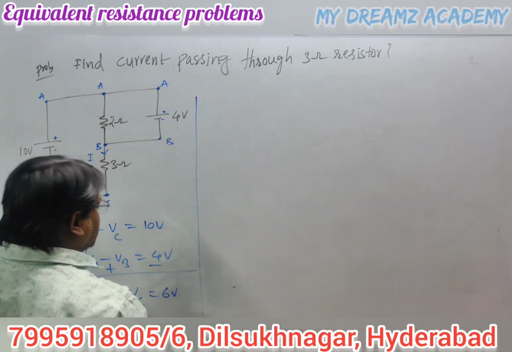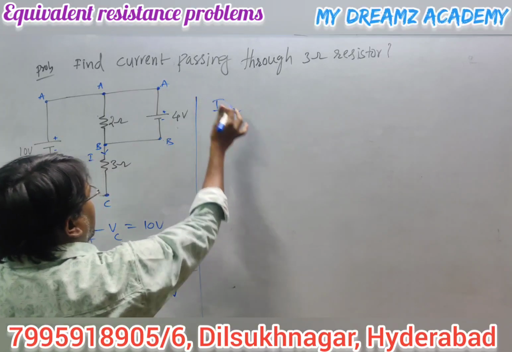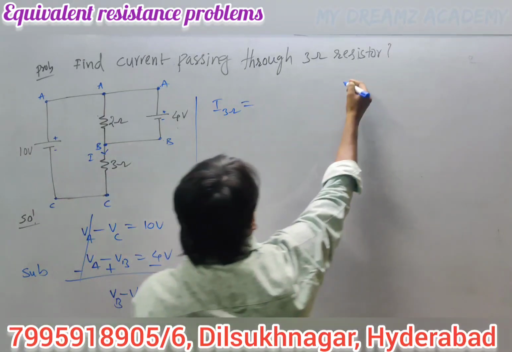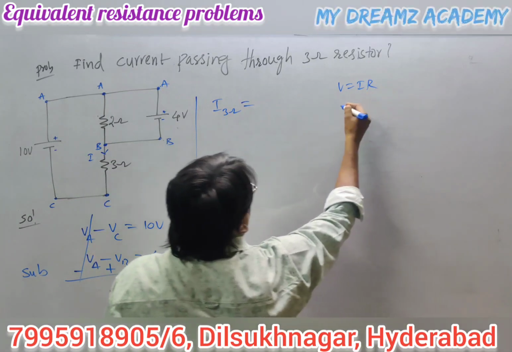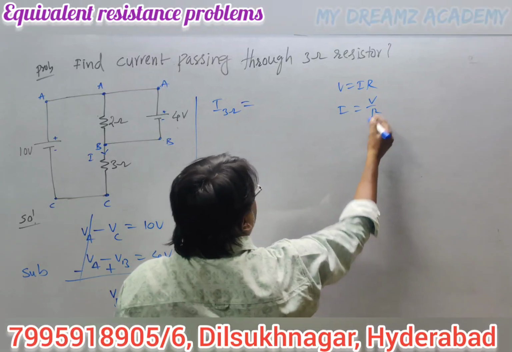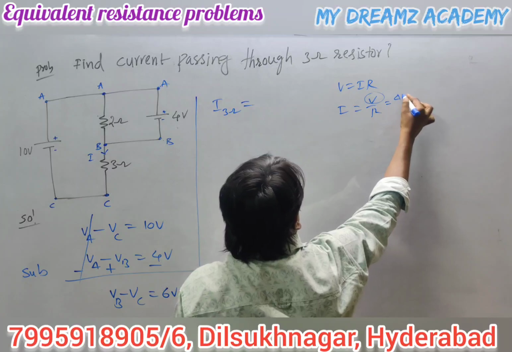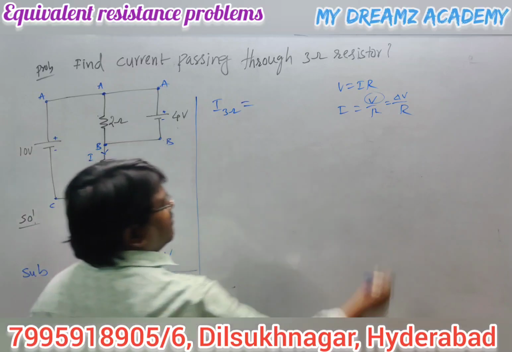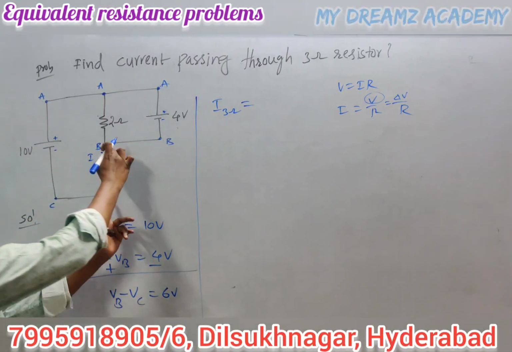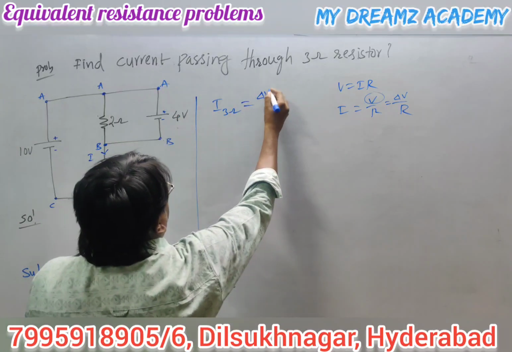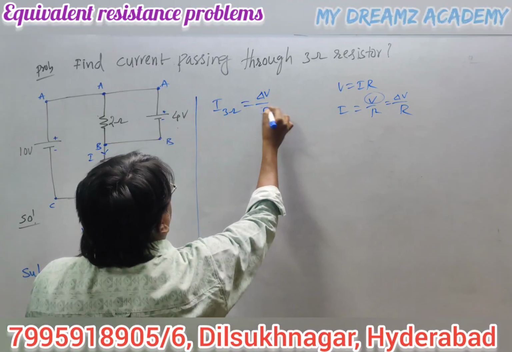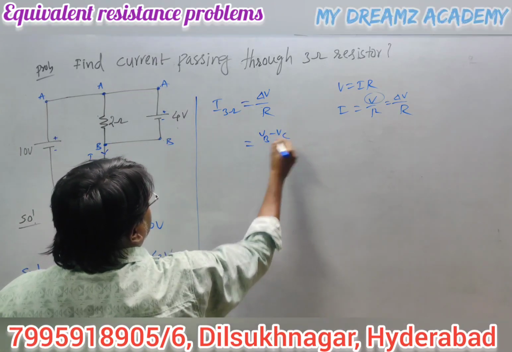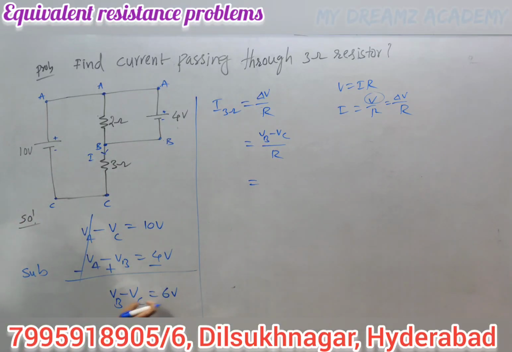Current passing through the 3 ohm resistor, I_3ohm, according to Ohm's law, V equals IR. What is the current formula? I equals V by R. In terms of potential difference, it is delta V by R. Delta V means the potential difference between these two points, that is VB minus VC by R. What is the VB minus VC value? 6 volts.